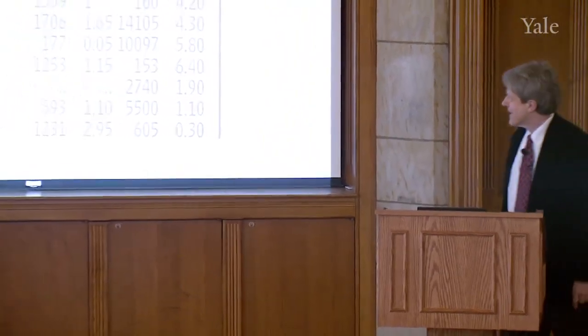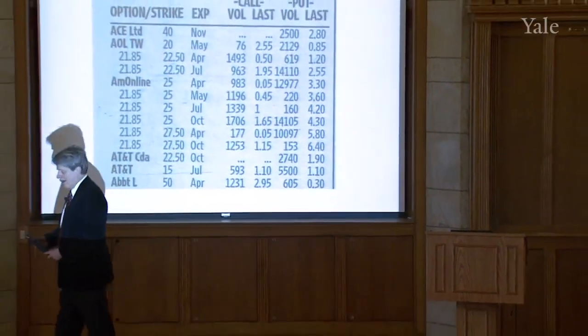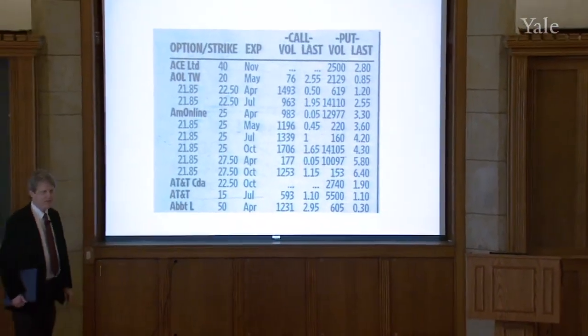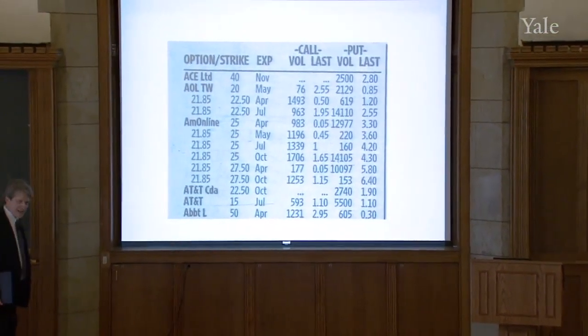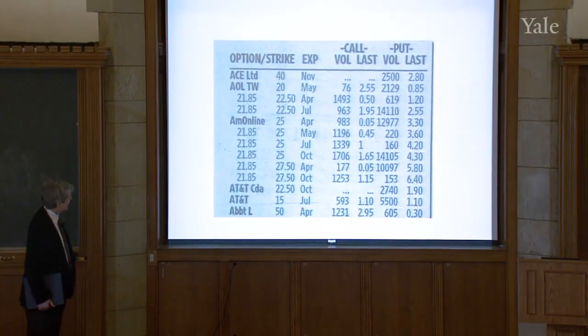But why don't we just stick with the Wall Street Journal? So this is a clipping from the Wall Street Journal, April 2002, when they used to have an options page, okay? And I just picked America Online just as, I don't know why, it was an interesting company.